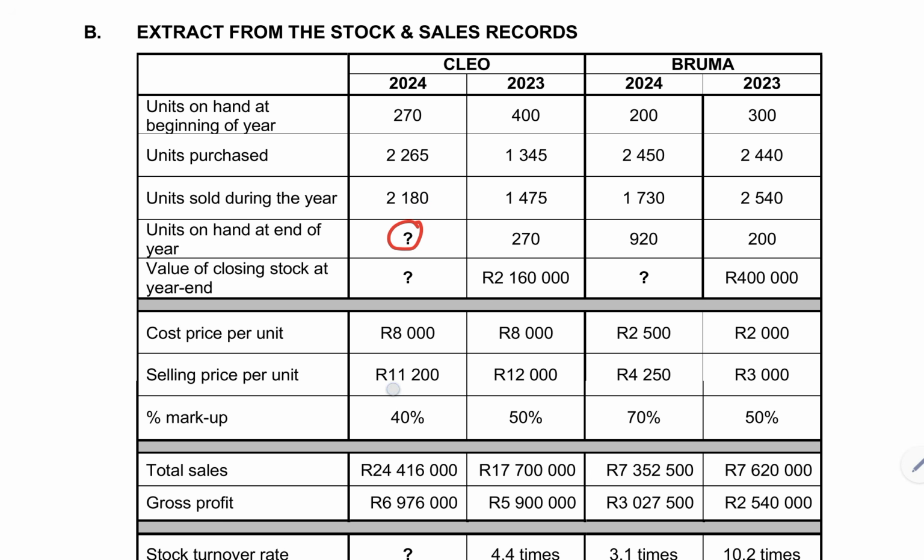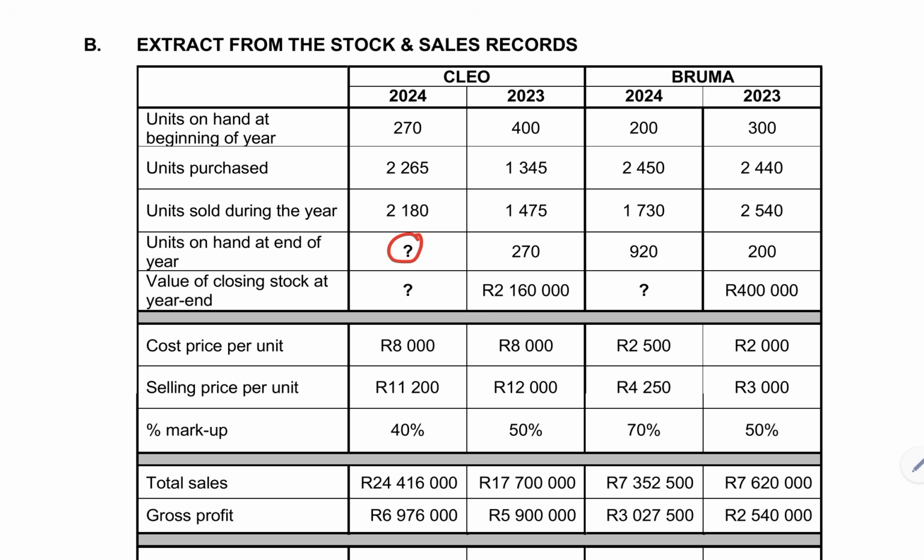So remember, at the beginning of the year we had 270 units on hand. We add what they purchased, because they did not return anything, and we minus what they sold. So 270 plus 2,265, you minus 2,180, and the units here are 355.